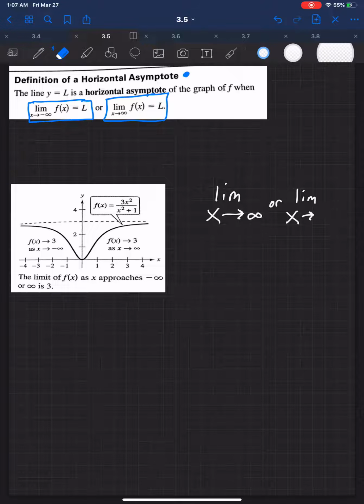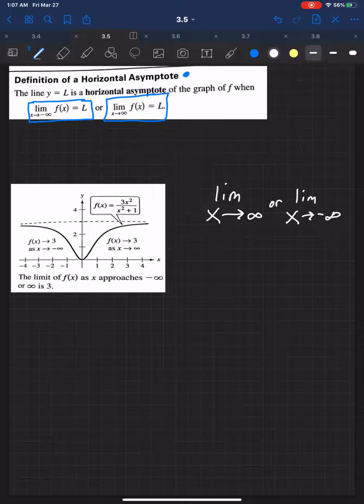So when we're talking about horizontal asymptotes and end behavior, we're talking about limits at infinity, limits as x approaches infinity or negative infinity.